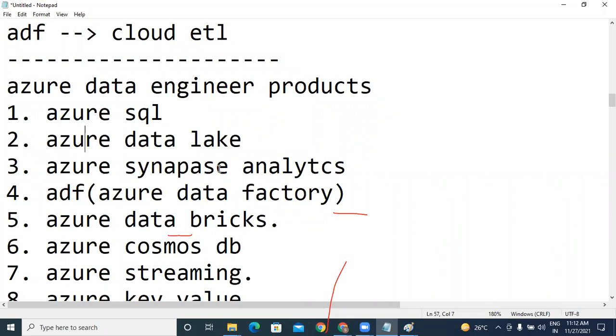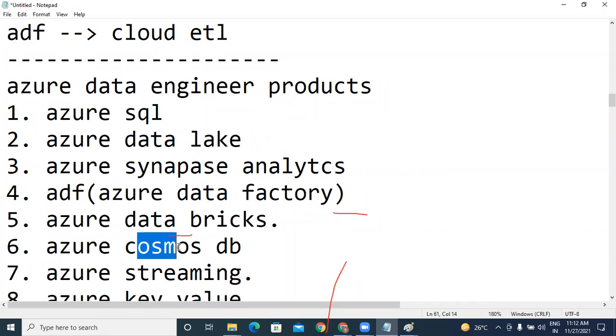Synapse is for analytics. At that time, these results I will write into Cosmos DB. Whenever I have written my results into the Cosmos DB, next day onwards, online applications can take input from the Cosmos DB and they can supply the results to the users.